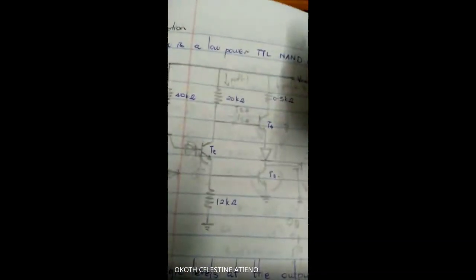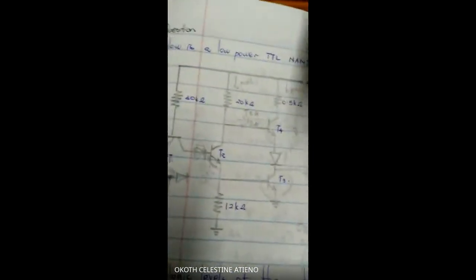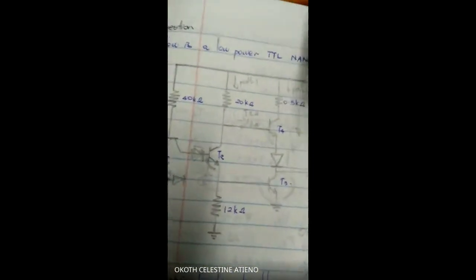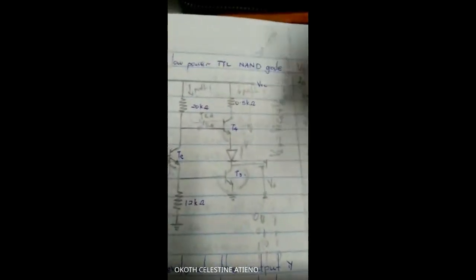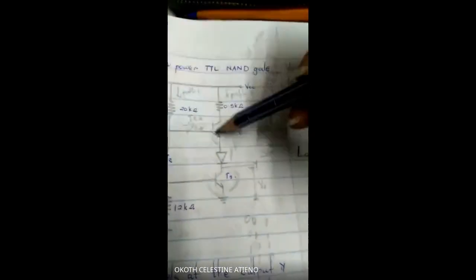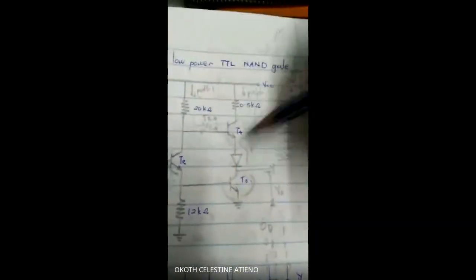VB4 equals VBE4 plus VD4 plus VCE3 sat. Because you want to see whether T4 and D4 will go into conduction, we take them to one side, since we don't know yet.